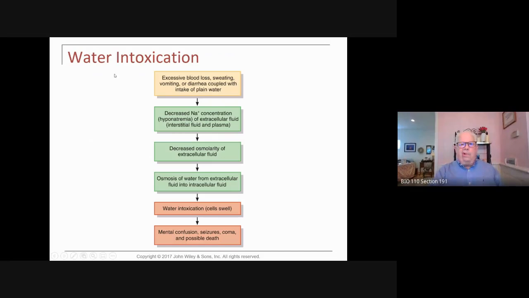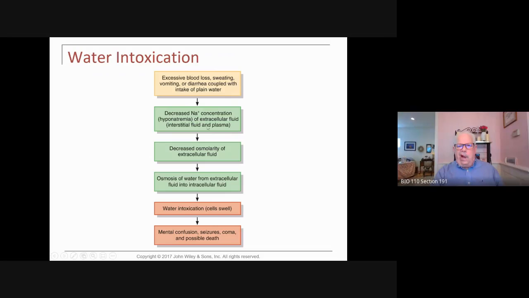So what does water intoxication actually do? Well, if you have excessive blood loss, if you're sweating, if you're vomiting, if you have diarrhea coupled with intake of plain water, your sodium will drop. That's known as hyponatremia.